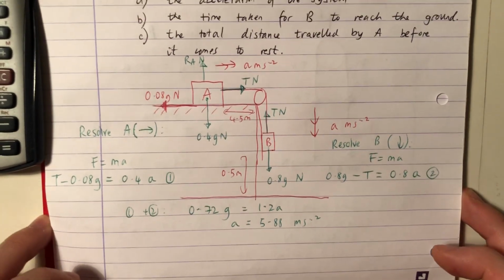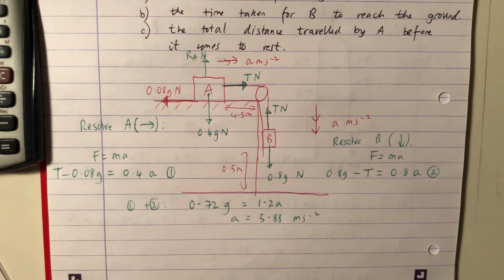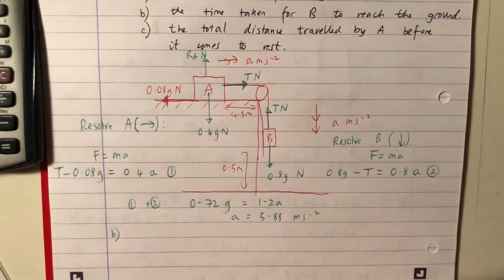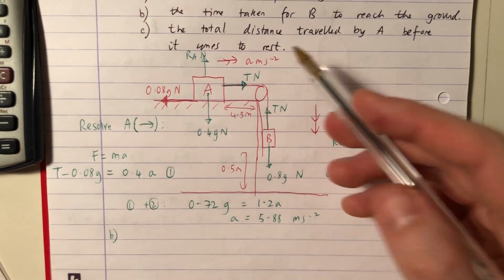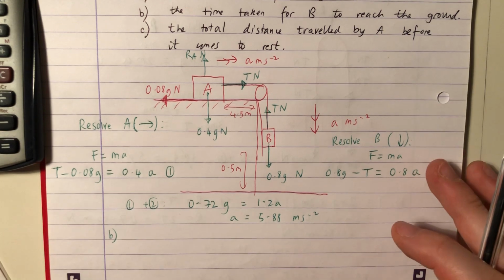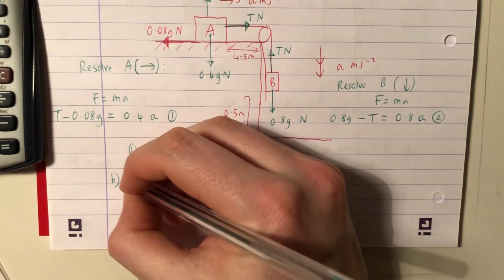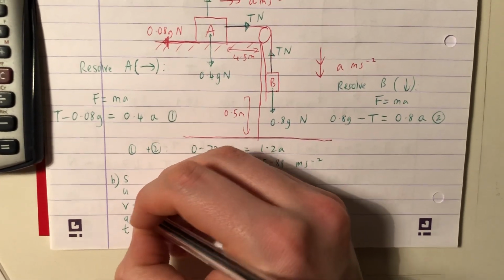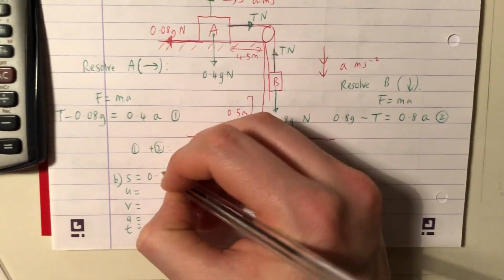Okay. Part B. The time taken for B to reach the ground. B was 0.5 meters away. Time isn't like a forces question, so the only thing you can do is use SUVAT. So S, U, V, A, and T. It's got to move 0.5 meters.